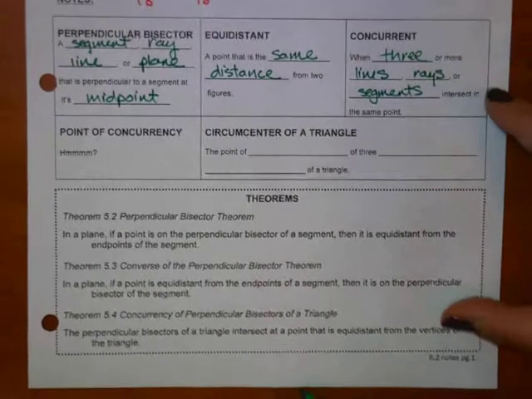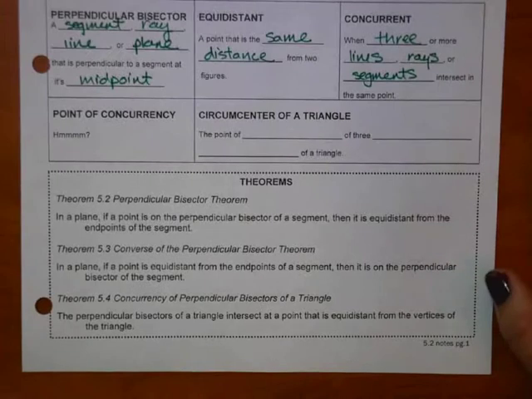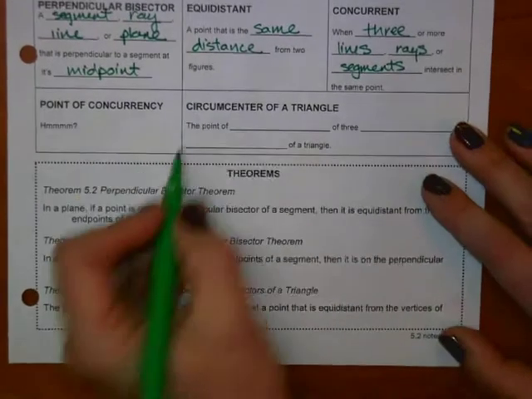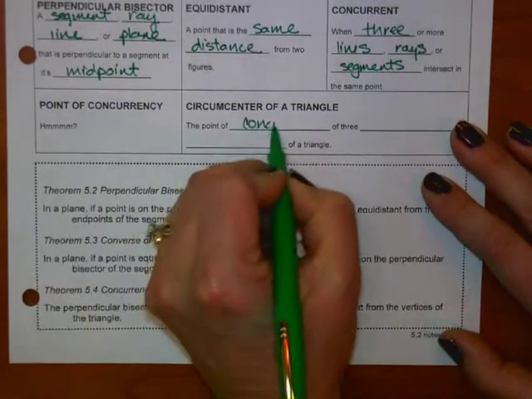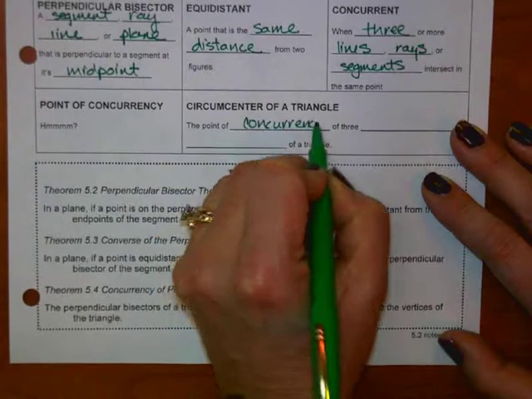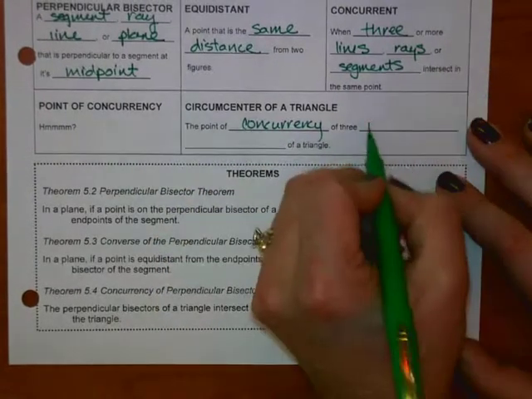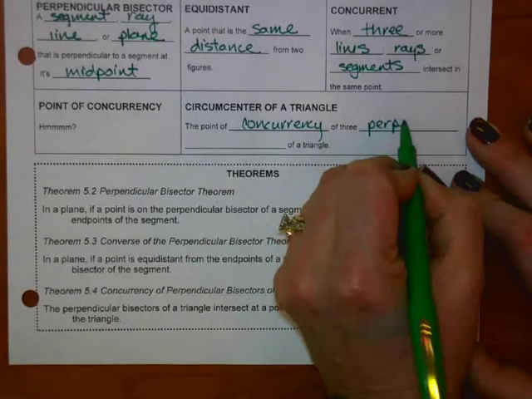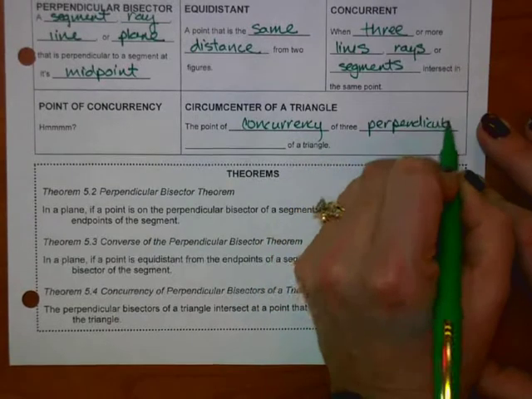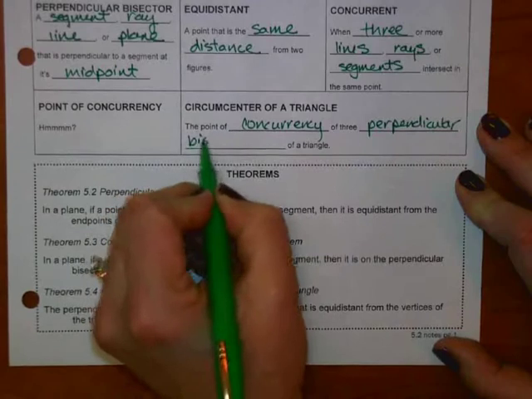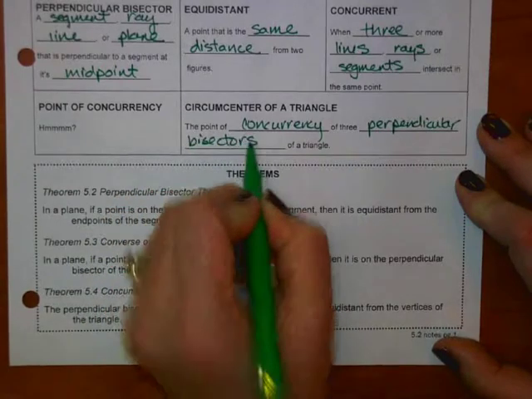All right. Circumcenter of a triangle. It has something to do with a circle, but it also has to do with a triangle. So it's the point of concurrency of three perpendicular bisectors of a triangle.